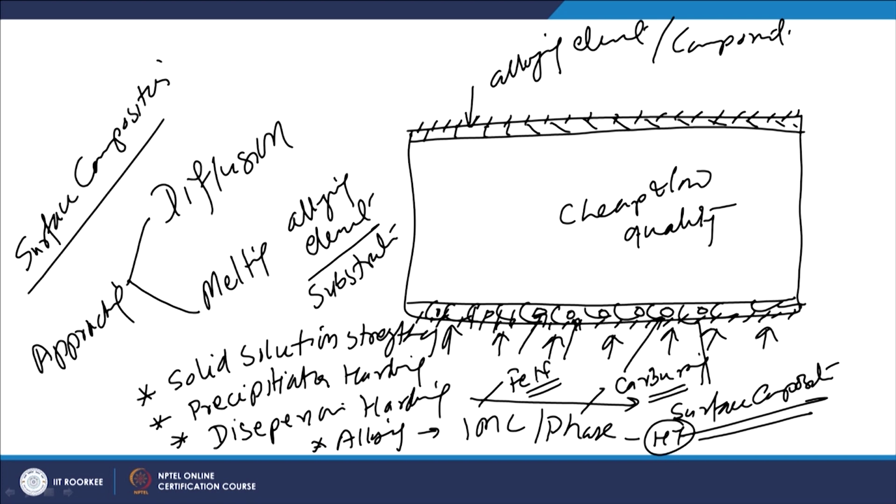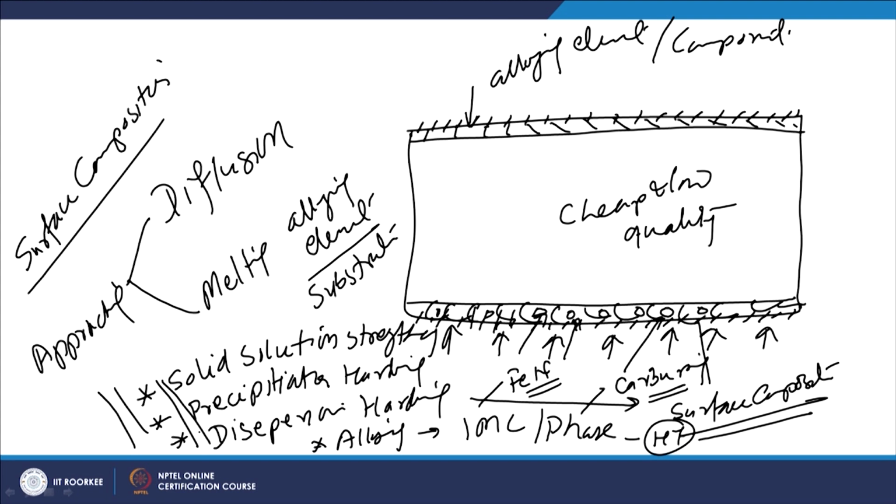Those are the processes where chemical elements are introduced for the purpose of having a particular kind of phase or intermetallic compound. Similarly, we can have a variety of elements at the surface and subsurface layers of the component, which will help to improve the properties through one or a combination of these mechanisms.